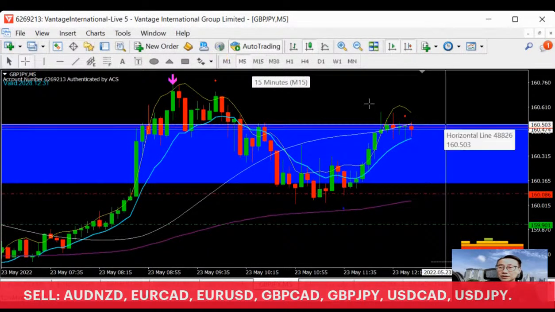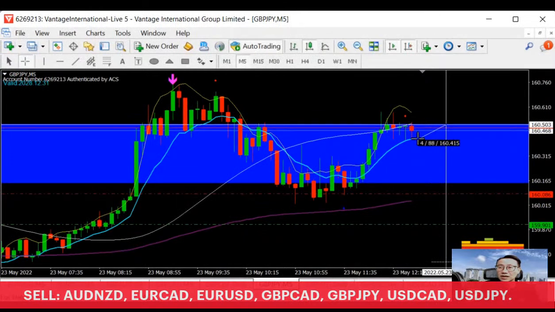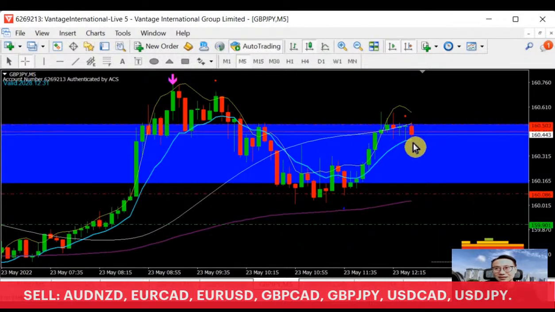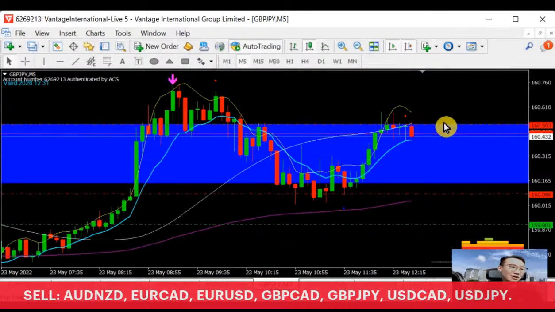However, you look at the resistance level coming to this aqua line, as I mentioned, this is my support movement. The moving of the support is getting nearer and nearer to the resistance, so it's not enough space for me.